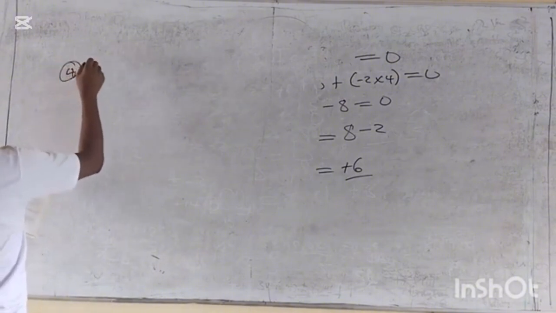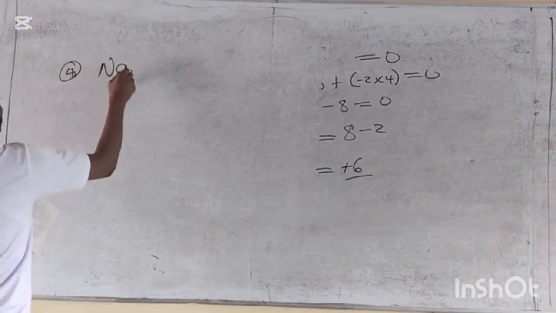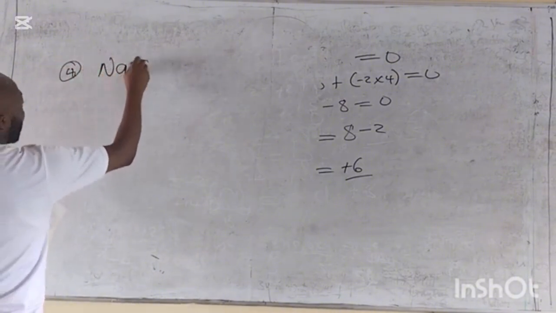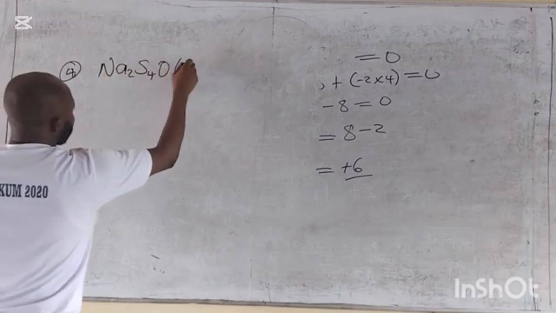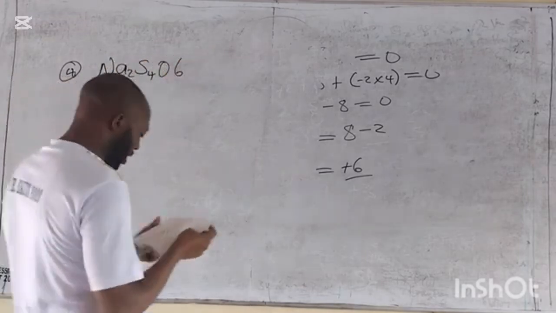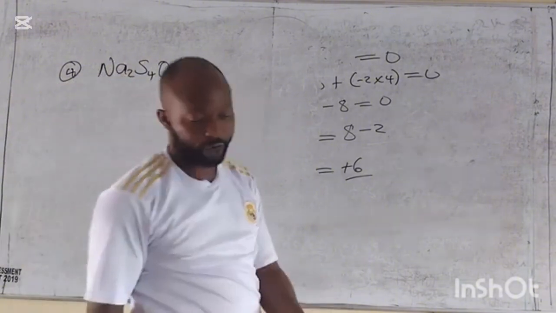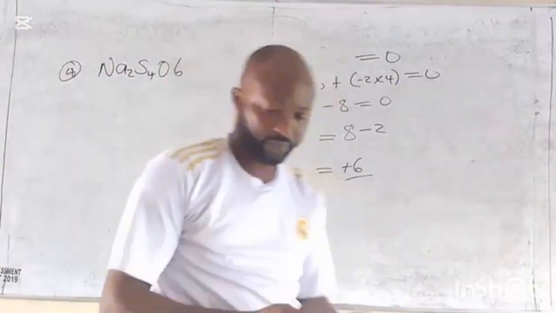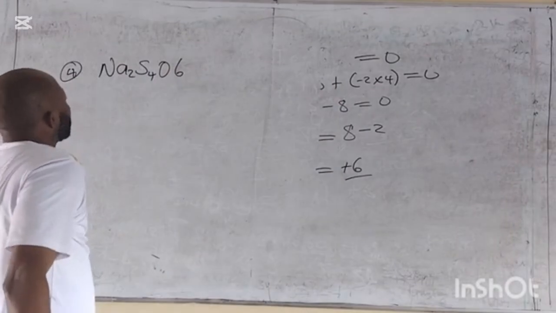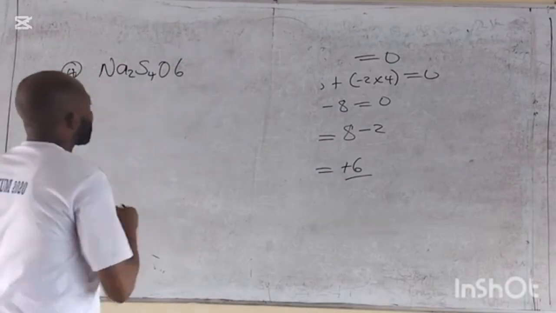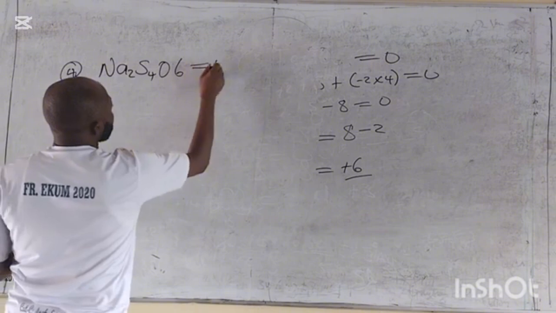I have Na2S4O6. We are calculating the oxidation number of sulfur in that compound. Now, the oxidation number of all the elements in their free state is equal to 0.